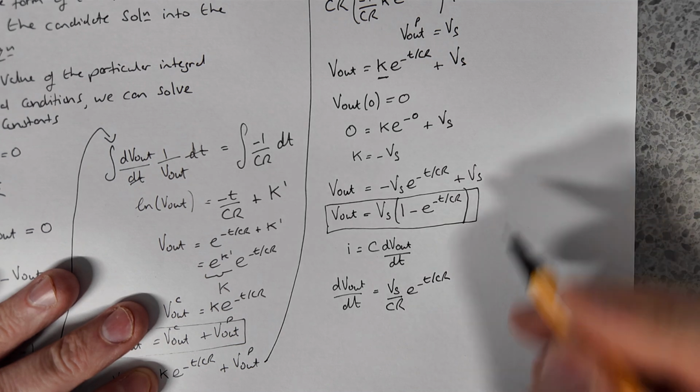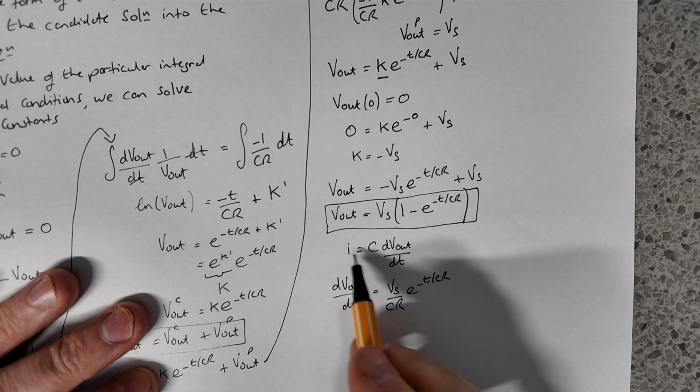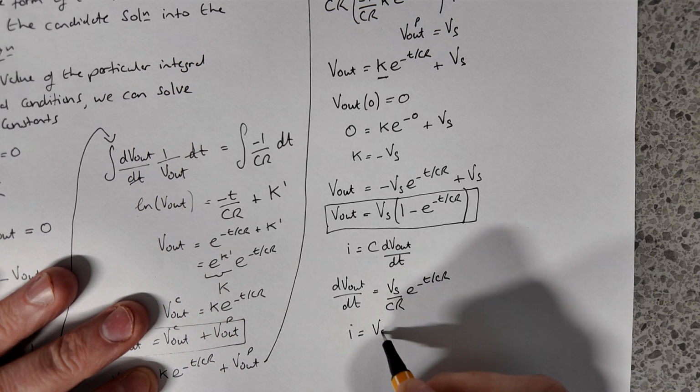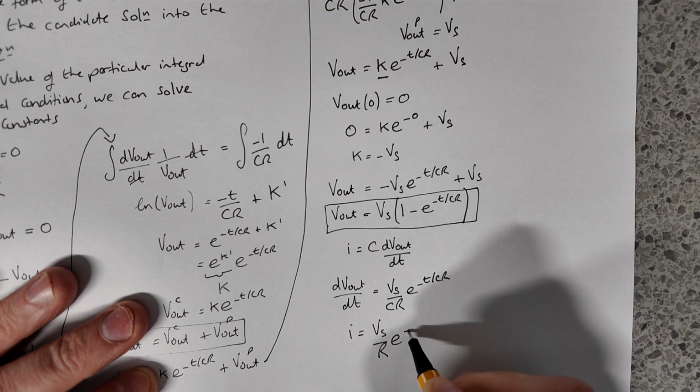This bit disappears, and then to get the value of I, we just do C times this, so we get Vs over R.